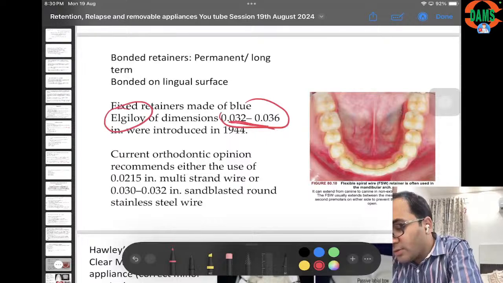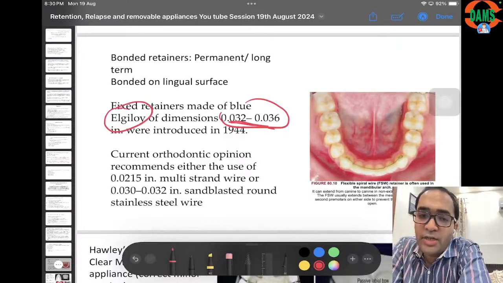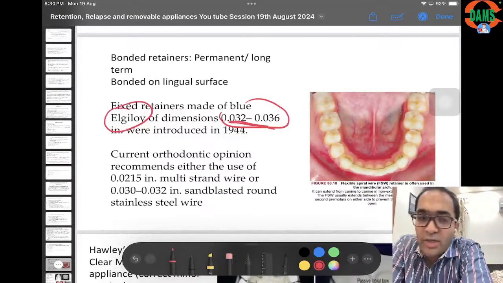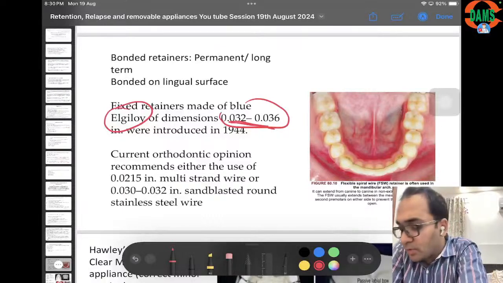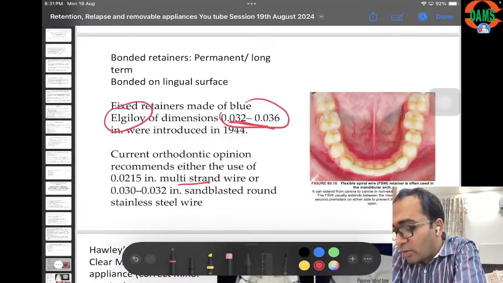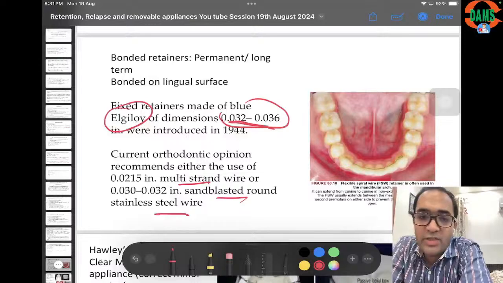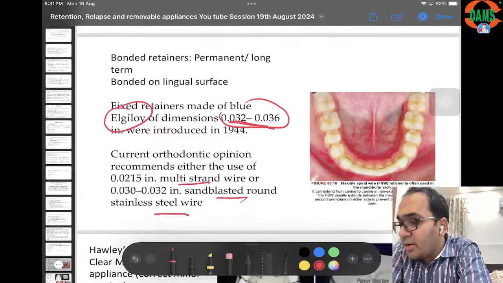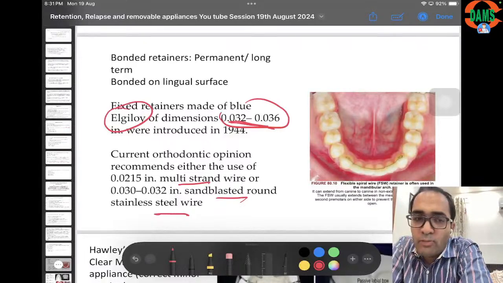Just remember this, and it was introduced in the year 1944. But today the current concept is either the use of multi-stranded wire or round stainless steel wire of this dimension. Blue Elgiloy wire is no longer recommended, but it was introduced with the use of blue Elgiloy wire.